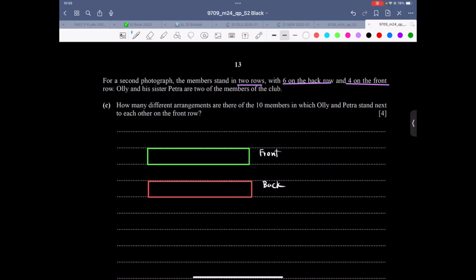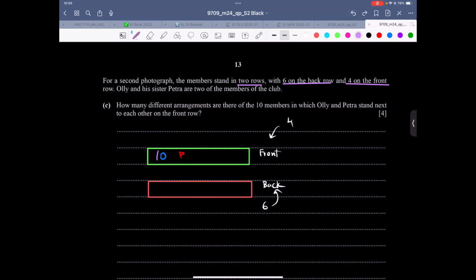So now it says 6 on the back row. So there should be 6 people in this back row, and 4 in the front row, because altogether there are 10 people. Ollie and her sister Petra are 2 of the members of the club, and they want to stand next to each other on the front row.